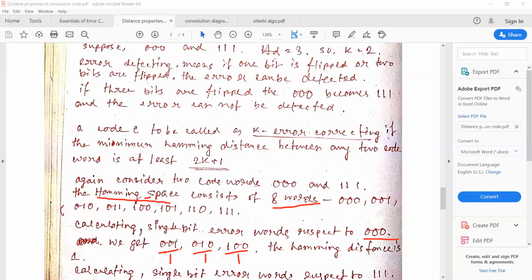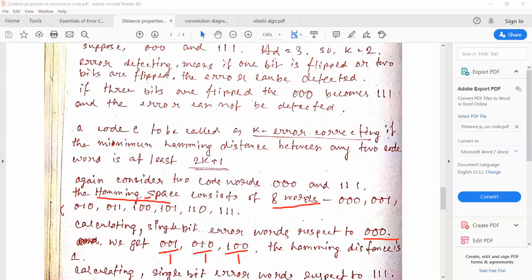That means if I flip only one bit from these codes, we can get the original code. So that's why these are single bit error codes. That means if 0, 0, 1 is there and I change this 1 to 0, we will get 0, 0, 0.